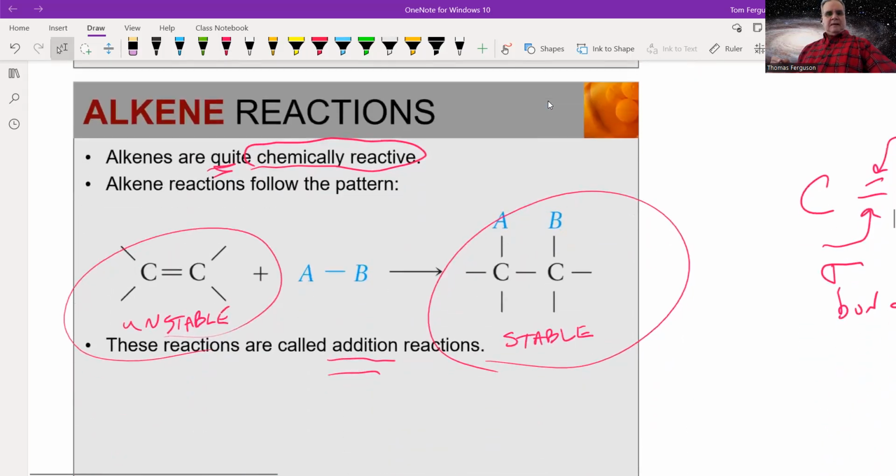Okay, now, reactions. There are quite a few reactions with alkenes. The thing that's most important to realize is that alkenes are not stable compared to alkanes. That's why there are more reactions for alkenes than alkanes, because they want to become more stable by reacting.